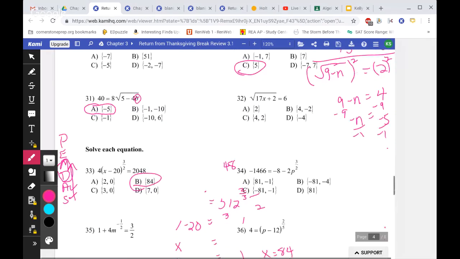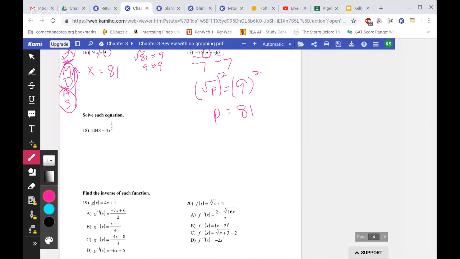Oh, not quite the same thing, but look how close it is to number 33. I'm going to divide both sides by 4 because I'm working PEMDAS in reverse. There's no addition or subtraction, but there is multiplication and division. To undo this, I'm going to divide both sides by 4 and get 512 equals x raised to the 3/2.